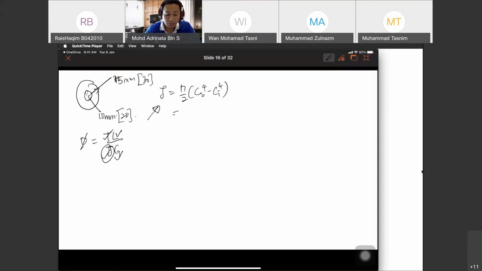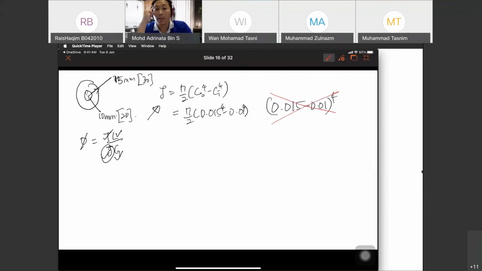So pi over 2, 0.015 to the power of 4 minus 0.01 to the power of 4. Jangan buat 0.015 minus 0.01 to the power of 4. Okay, salah. Ini pun biasa berlaku.